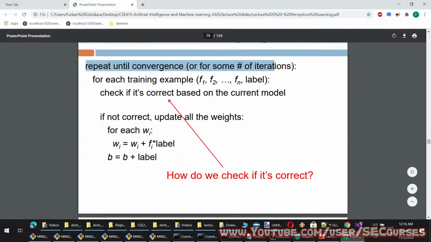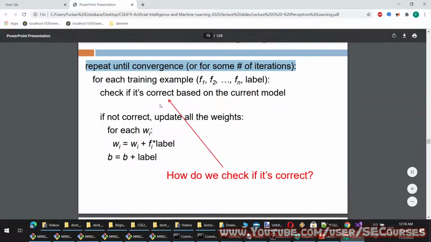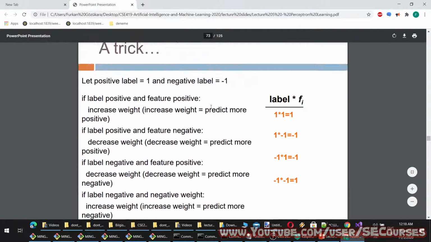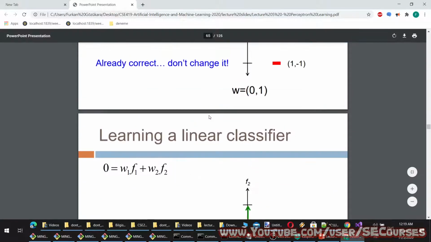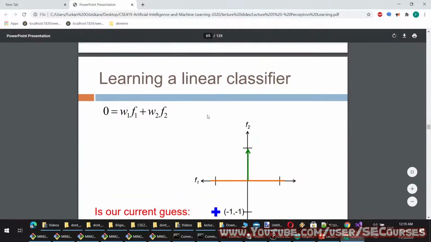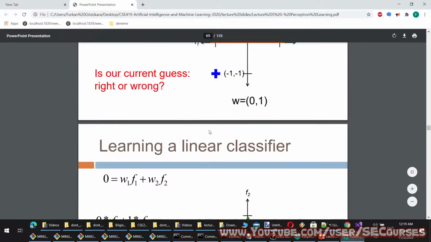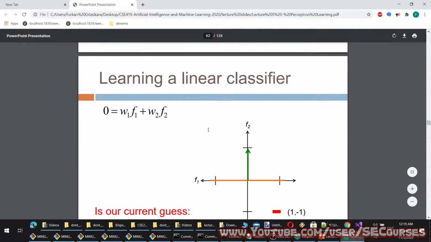So repeat until convergence or for some iterations. In our example, how many iterations did we do until convergence? Let's check it out.